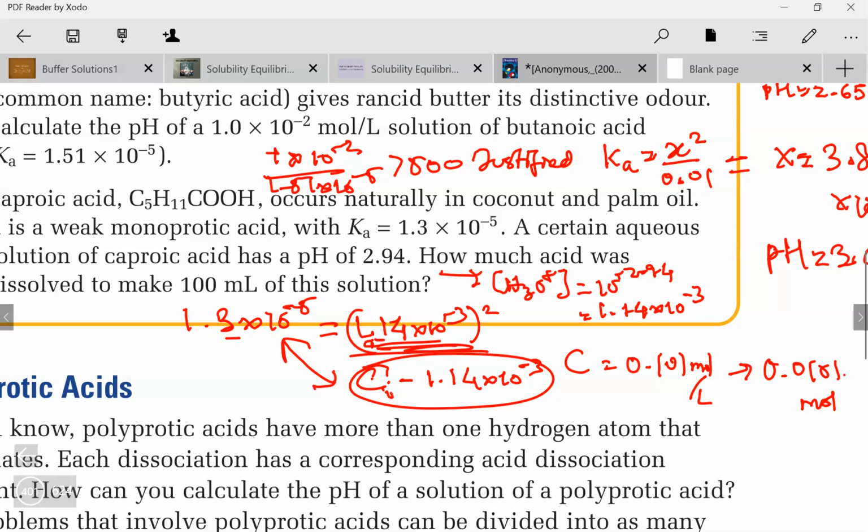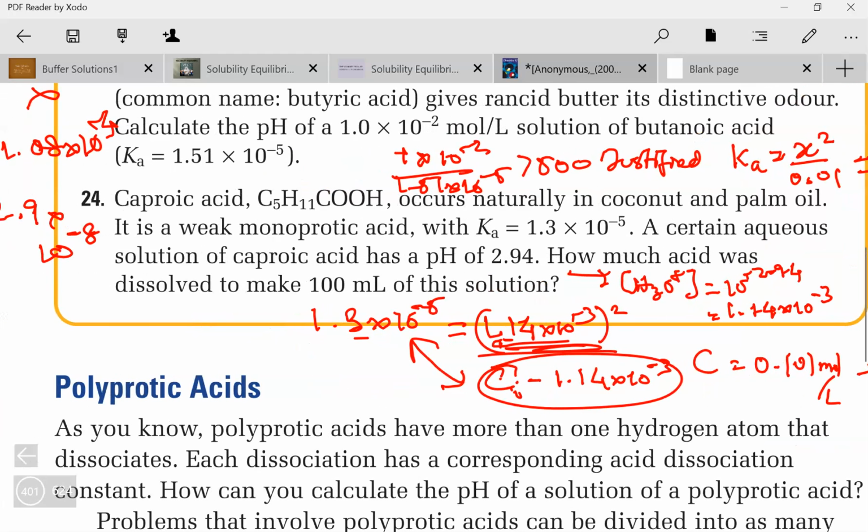And therefore, how much acid, to go to grams, we have to multiply by the molar mass of the acid. So we'll look up the molar mass of what acid is this? Caproic acid. What is that? 116.15. So I'm going to divide that by 10 times 116.15.